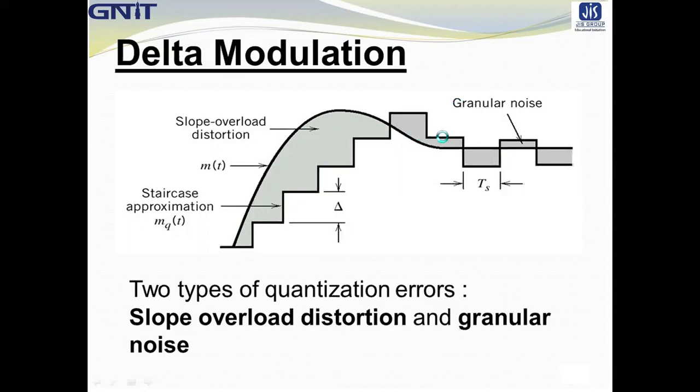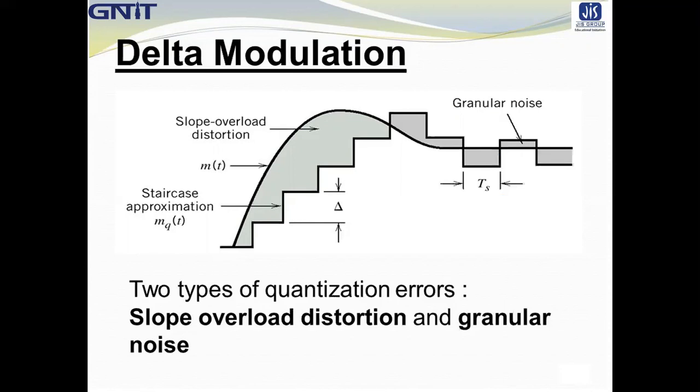Then the question is, how can these two disadvantages be solved? To overcome these two errors, the step size should be variable.